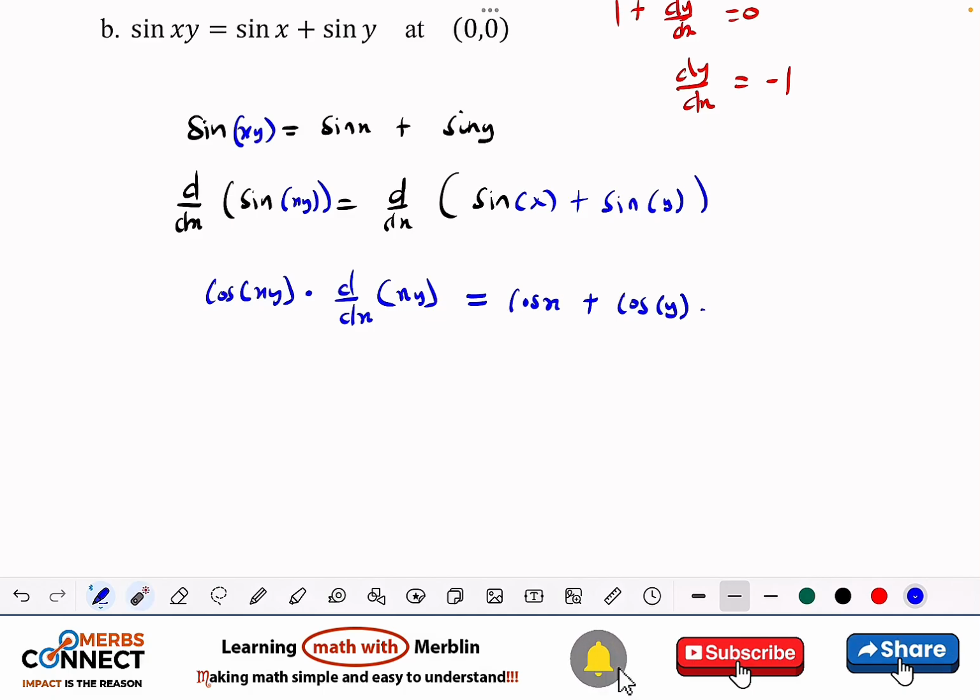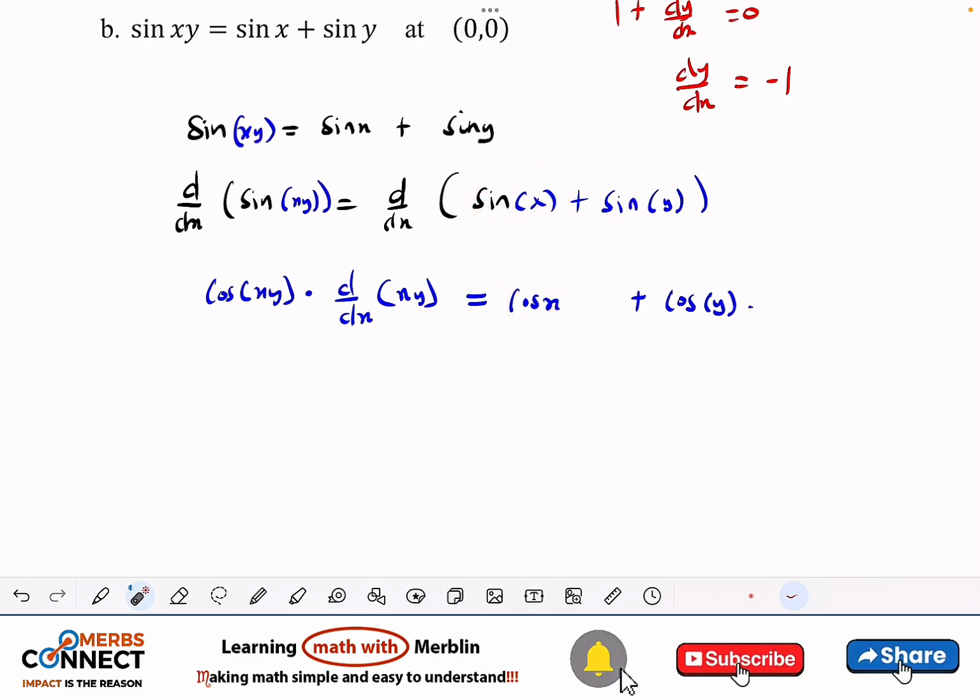So with the cos, when I differentiate this, I get cos. Then I'll multiply it by what is inside the parentheses when I differentiate it. When I differentiate x, I get 1. So I'm going to have times 1, so that you understand what I'm doing. Then when I differentiate what's inside the parentheses here, I'm going to have dy over dx. I mean, you differentiate y and you get dy over dx. So that's what you're going to get.